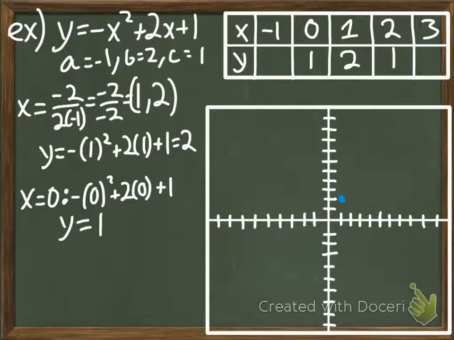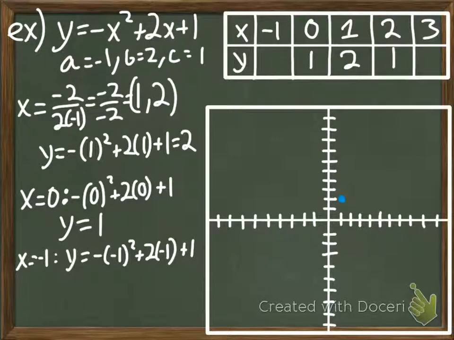Then we do x equals negative 1, so we get negative 1 squared plus 2 times negative 1 plus 1. So we get negative 1 minus 2 plus 1 tells me that it's negative 2, which also tells me that it's a 3, negative 2.